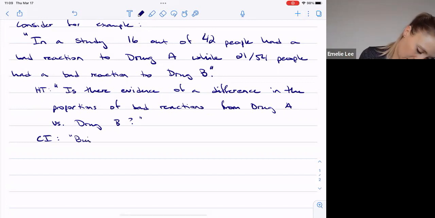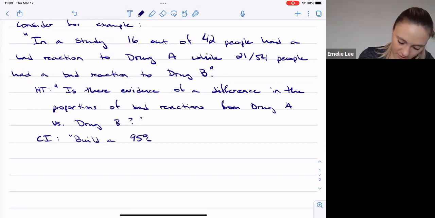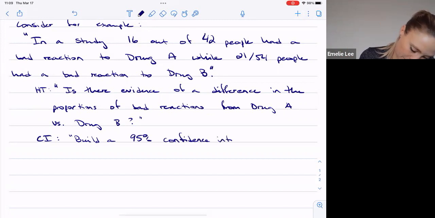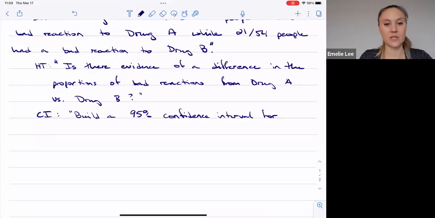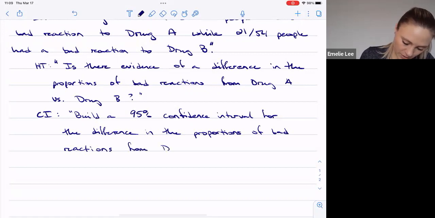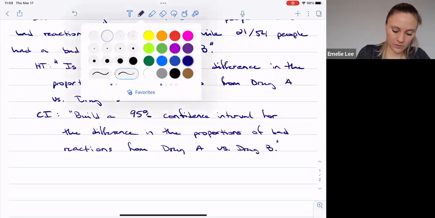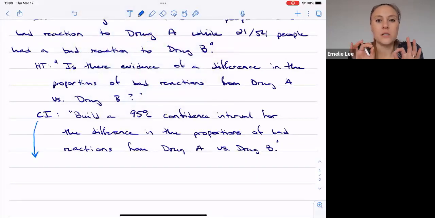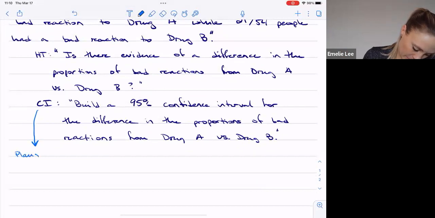Okay, so it would say build a 95% confidence interval for the difference in the proportions of bad reactions from drug A versus drug B. Okay, so a confidence interval is going to give us the plausible values for the difference.